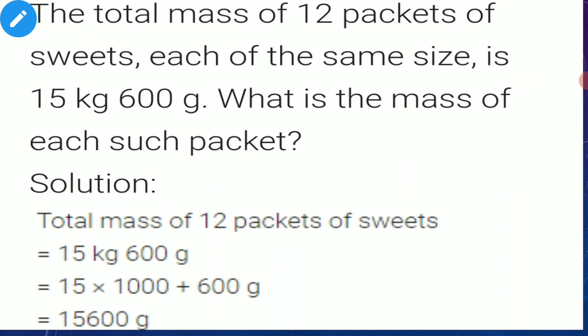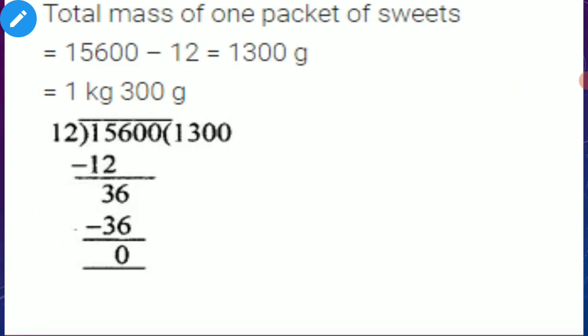For converting kg into gram, what we will do? 15 will be multiplied by 1000, so it will be converted into grams, plus 600 grams. That means it will be 15,600 grams. Now in order to calculate the mass of one packet of sweets, we will divide 15,600 by 12.